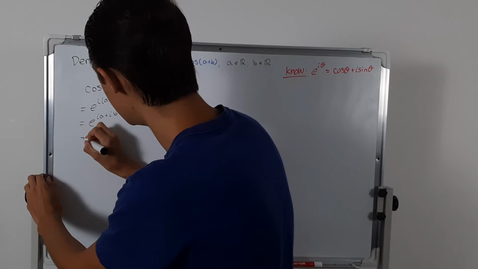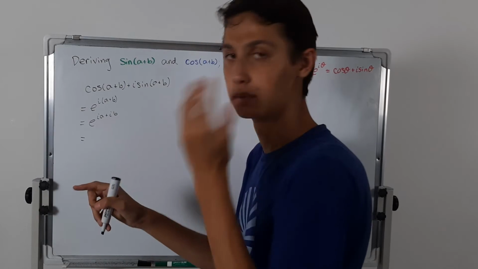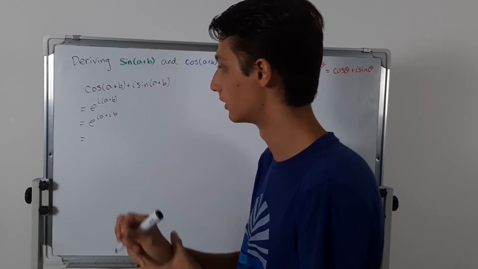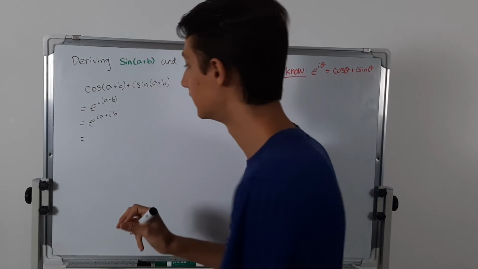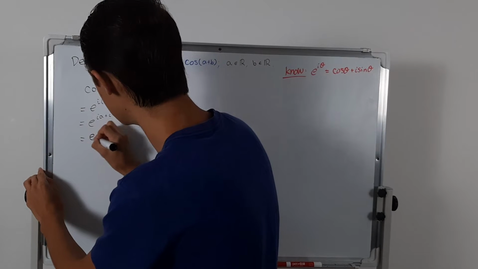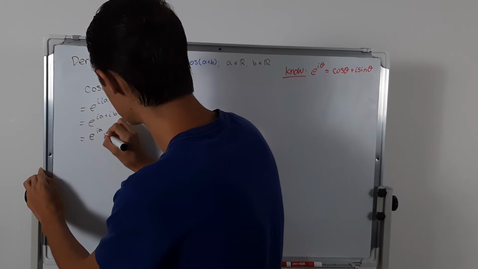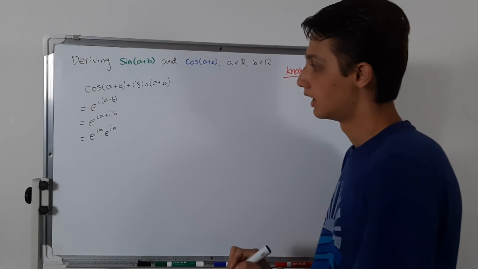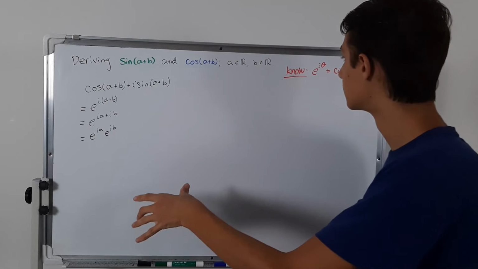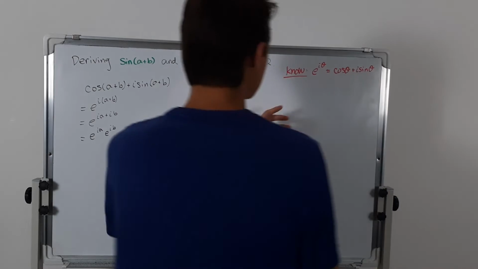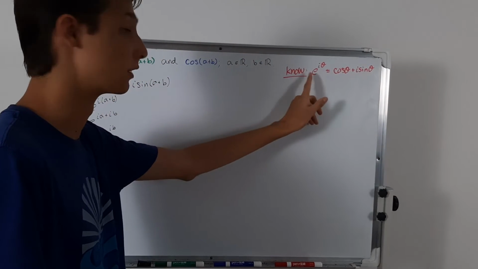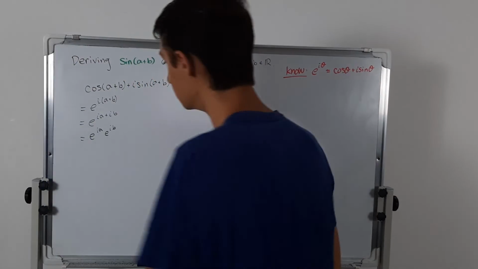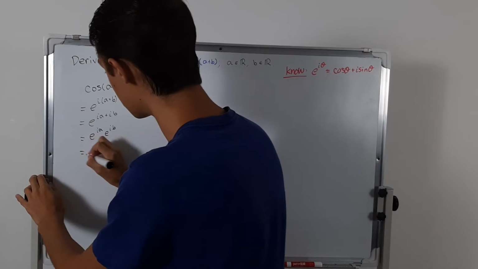And then we can use the multiplicative property of exponentials, a useful little property. We can say this is e to the ia multiplied by e to the ib. Okay? And so then from here, we can actually use Euler's formula again and convert this from an exponential back to a trigonometric form.